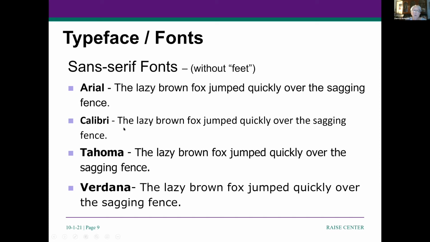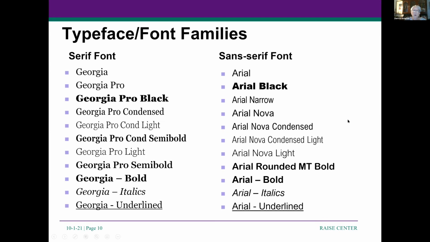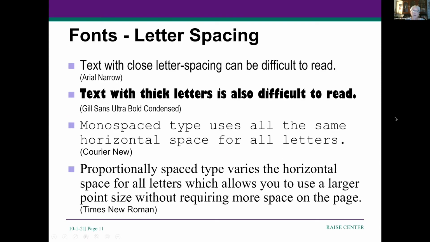Arial is a very common one, as is Calibri. When you are creating readable print materials, whether you use a serif font or a sans serif font, you want to use a family of fonts, typeface font families, as opposed to a variety of fonts. If you use too many fonts, it really is difficult for the eyes to pay attention.